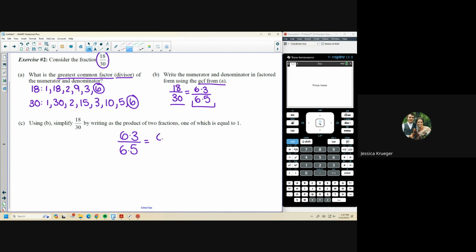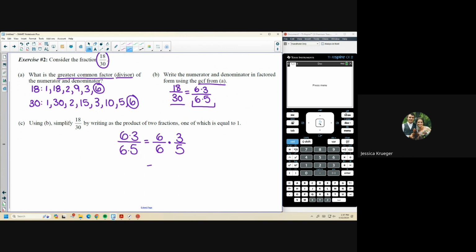So I can say that that's the same as 6 over 6 times 3 over 5. And the reason for that is, remember, when you multiply fractions, you multiply straight across. So 6 times 3 would give you the 6 times 3 in the numerator, and the denominators of 6 times 5 would give you 6 times 5 in the denominator.